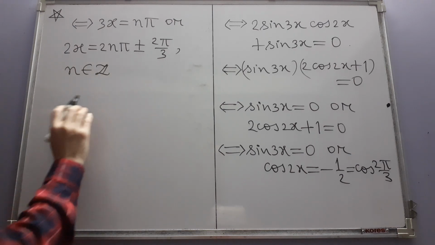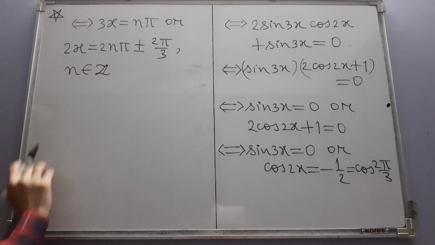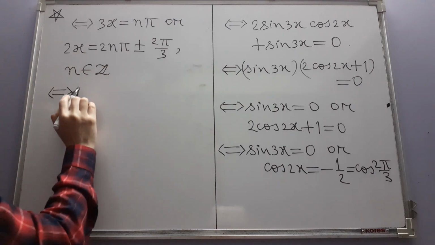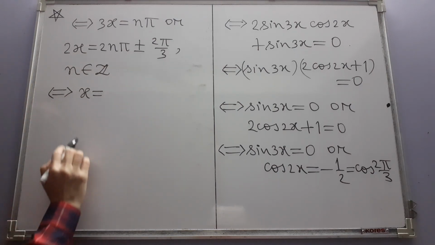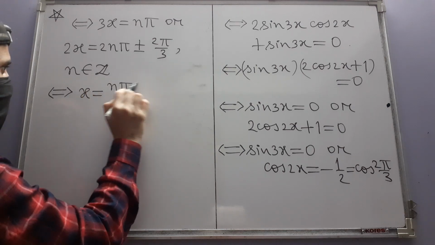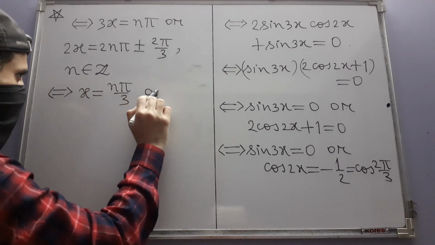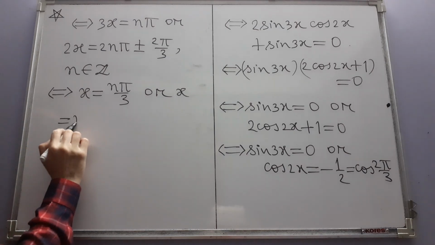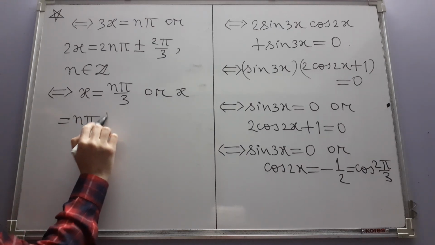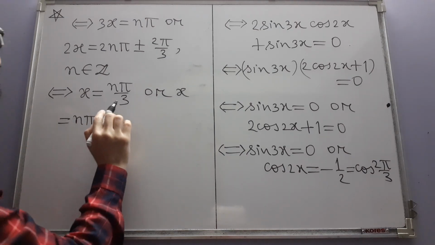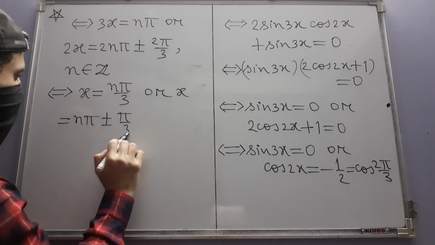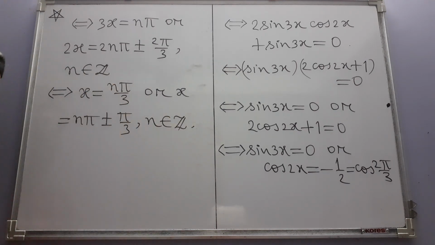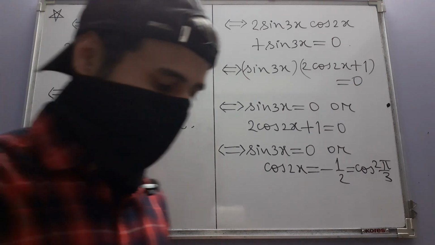Do not forget to mention this, okay, that n is an integer. One more step gives us, or x equals n pi plus or minus pi over 3, where n is an integer, and that's it.